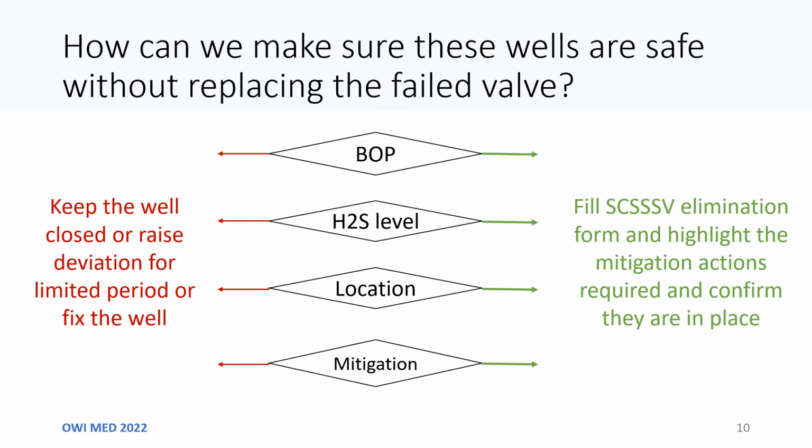So wells on which we can apply the new policy, and operate while having failed subsurface safety valves, should be under the blowout potential limit and should have H2S lower than the limit we defined for the dispersion model. The location should be away from camps, main roads, and facilities by more than the safe distance that we get from the dispersion models.